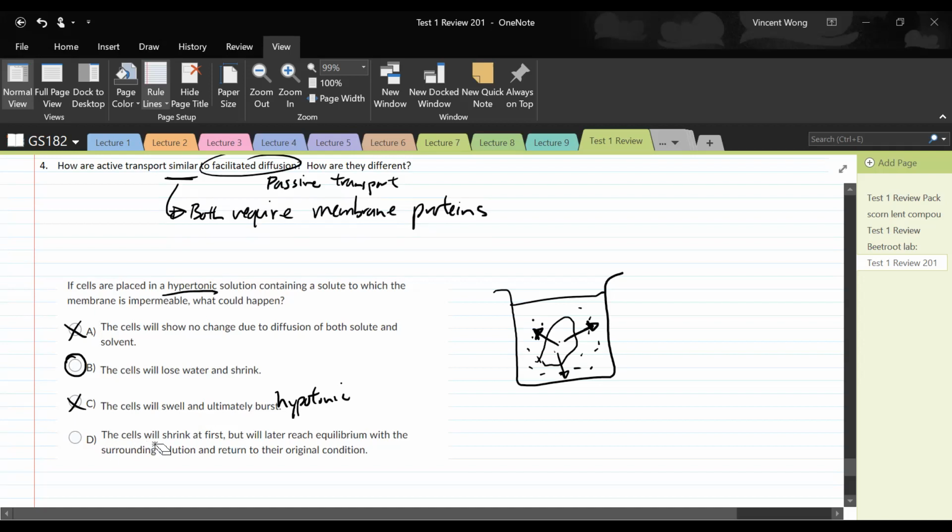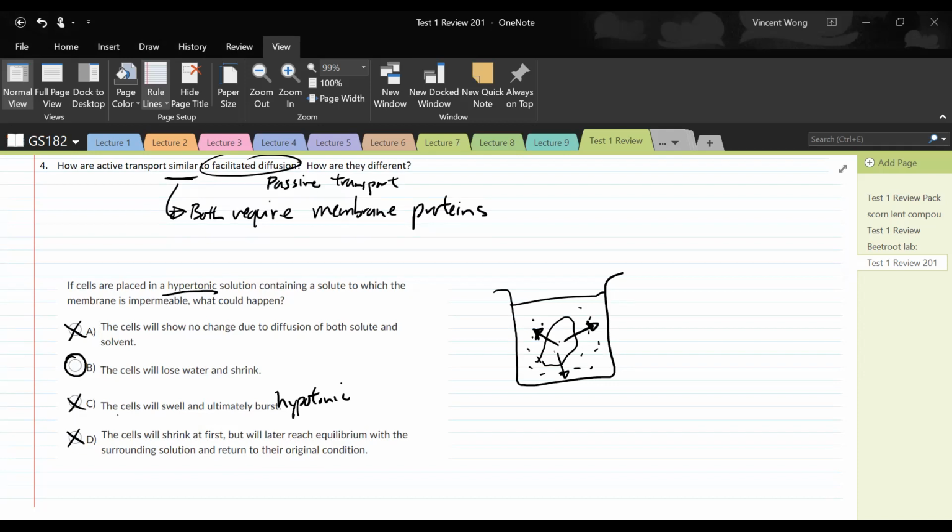And then here, the cell will shrink at first, but later reach equilibrium with the surrounding solution and return to its original condition. That's not true, right? Once they shrink, they will stay shrunk. They're not going to reinflate. The only time the water comes back in is if you decrease the concentration on the outside again. If all else stays the same, once it shrivels up, it shrivels up.